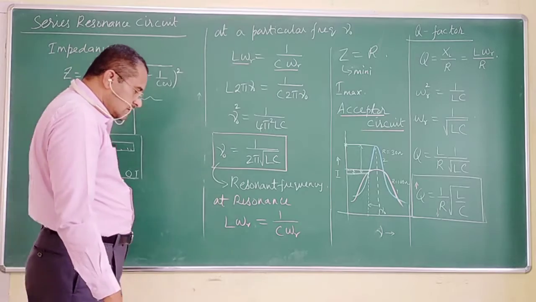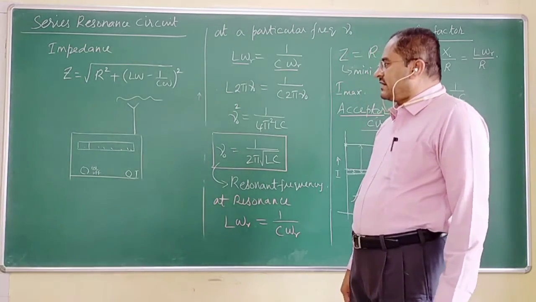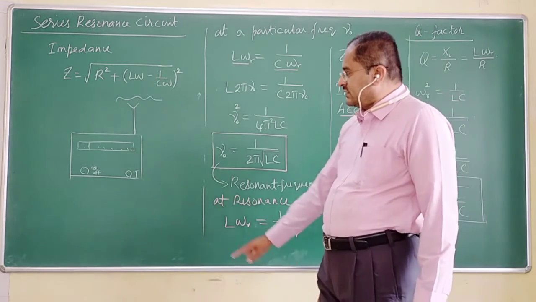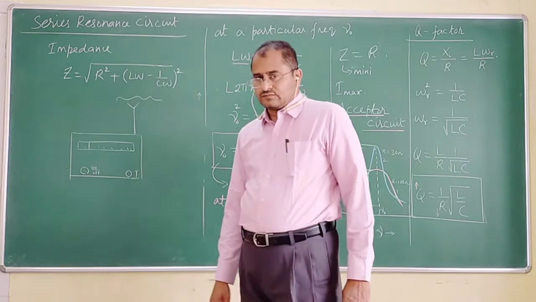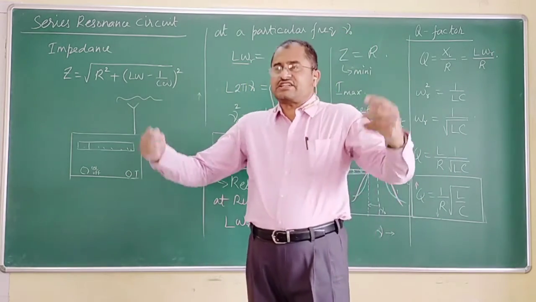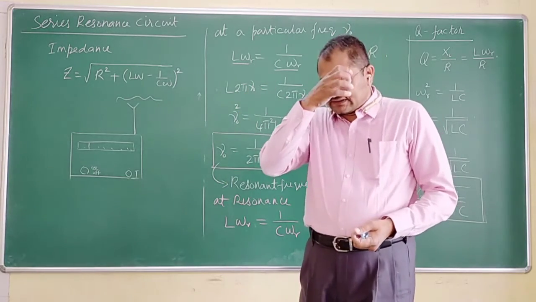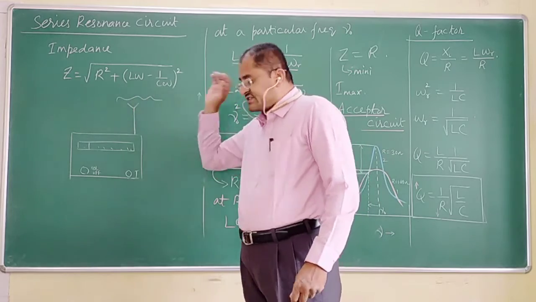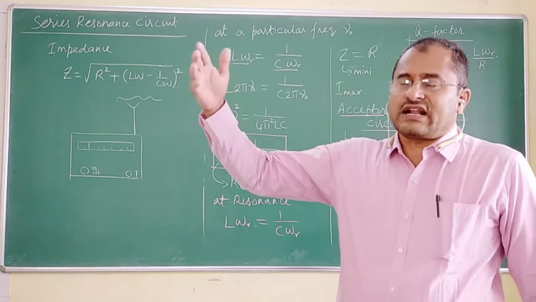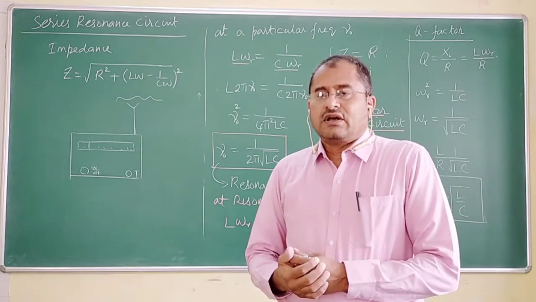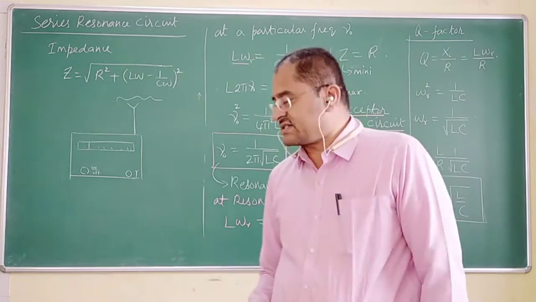What I have drawn here is a radio receiver with an on-off switch and a tuner. Different radio stations will be transmitting their programs at different frequencies. We all know there are so many radio stations, all transmitting at different frequencies.